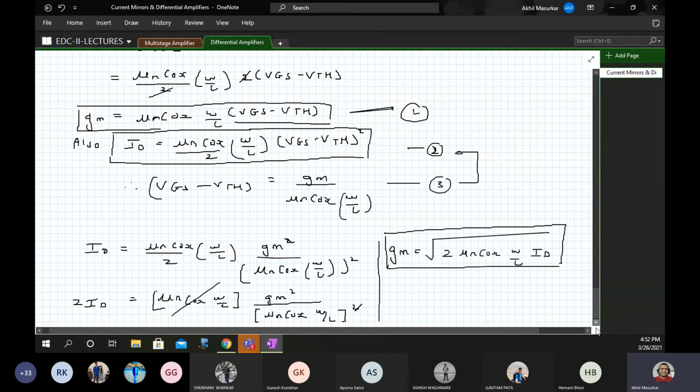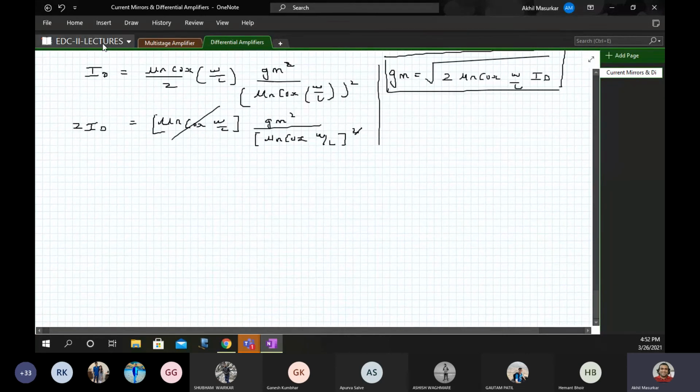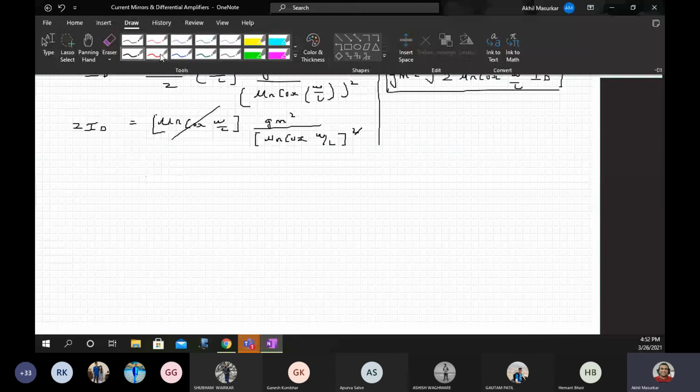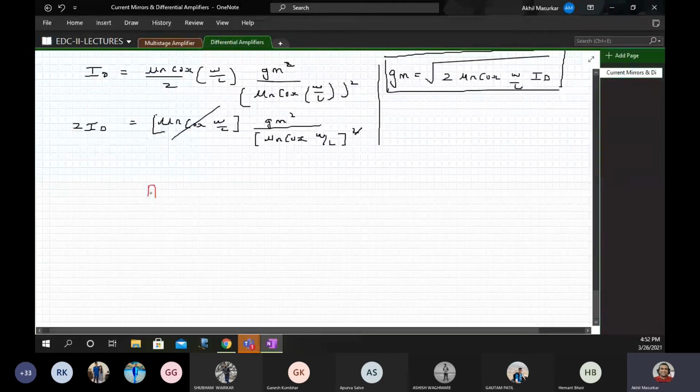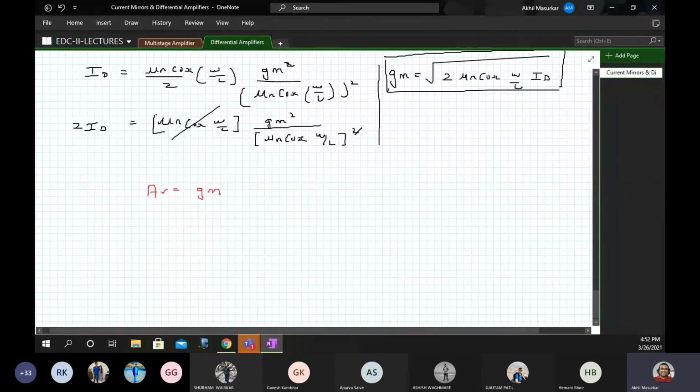Like I told you, AV, the simple voltage gain, is GM times RD parallel with R0. Now GM is a function of ID, R0 is also a function of ID, and RD is a constant.